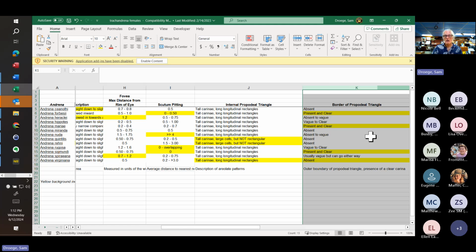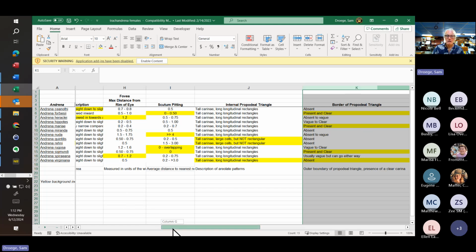And sometimes it just bleeds out. In other words, there's no real clear line. And other times it's very crisp. You have a very sharp line that defines the inside and the outside of that triangle.